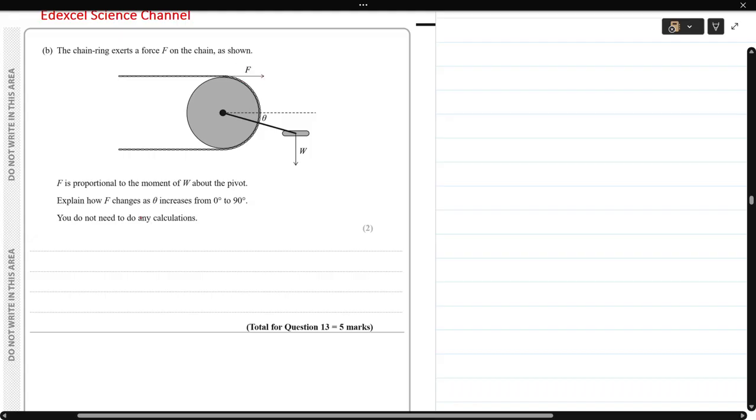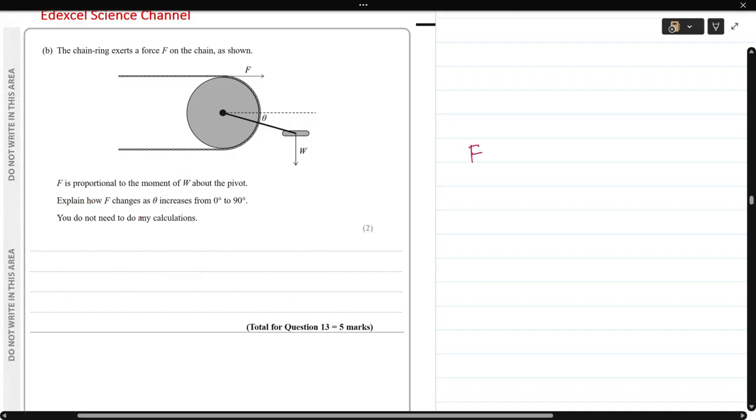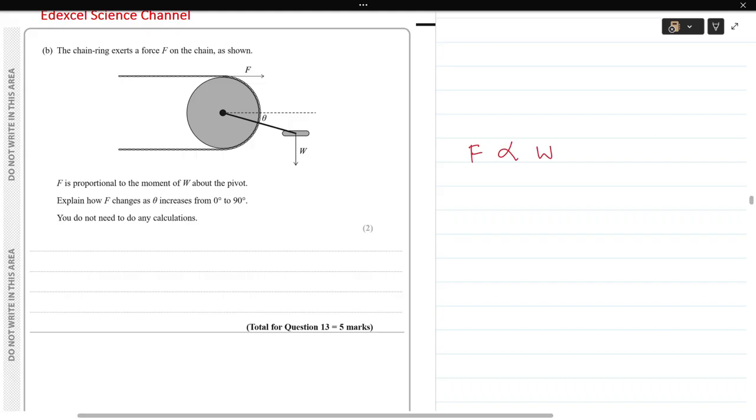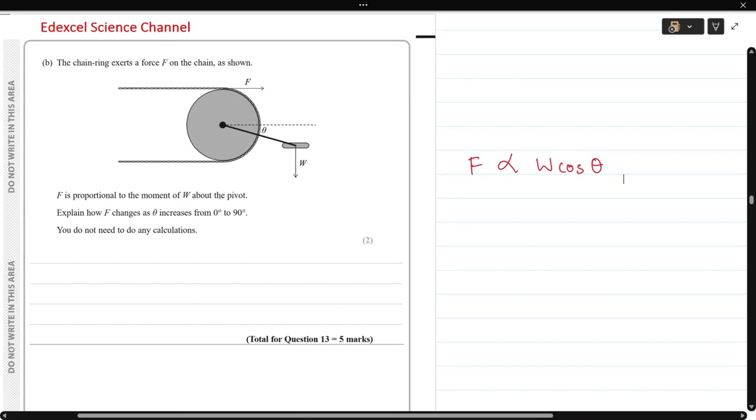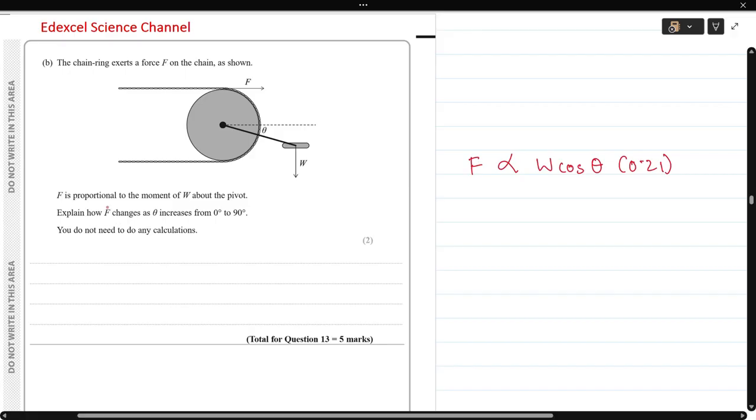This force is proportional to the moment of W. So we can say that F is proportional to the moment of W. The moment of W should be W cos theta times the length of the lever, which is 0.21. If you want to convert this sentence mathematically, the force is proportional to W cos theta times 0.21.